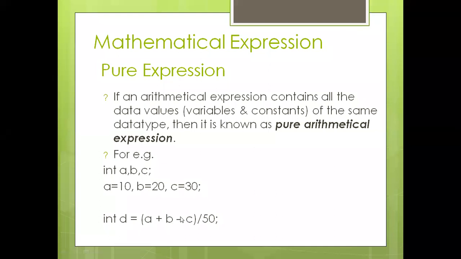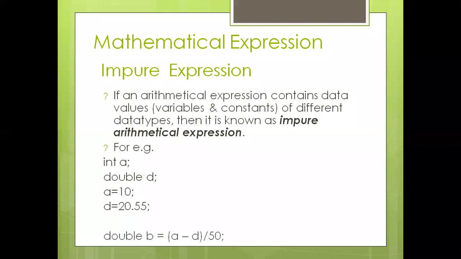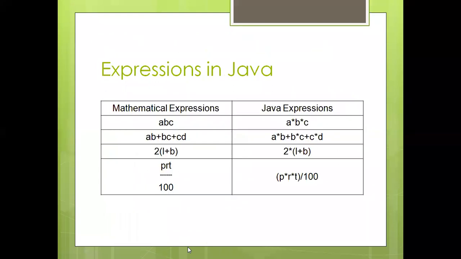But in an impure expression, you can take different data types. See, int a, double d. Here a is an integer and d is a double, so both have different data types. This type of expression is known as an impure expression.